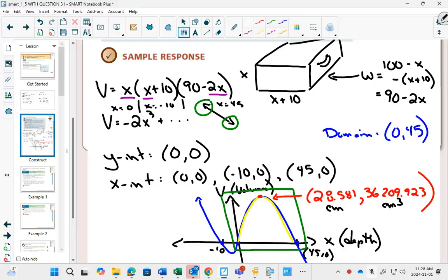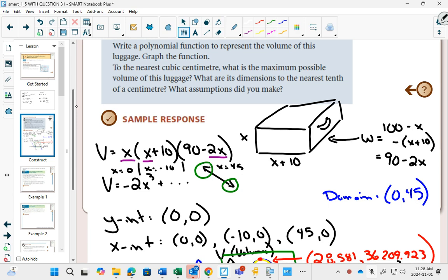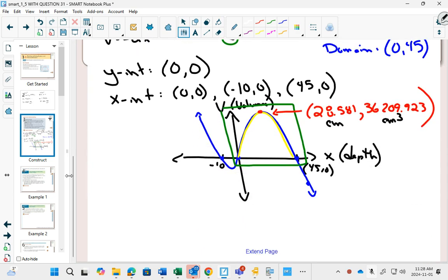So the question is, let's read the question again. What are the dimensions to the nearest tenth of a centimeter? So when I go to my dimensions, we figured out x to be 28.6 centimeters.